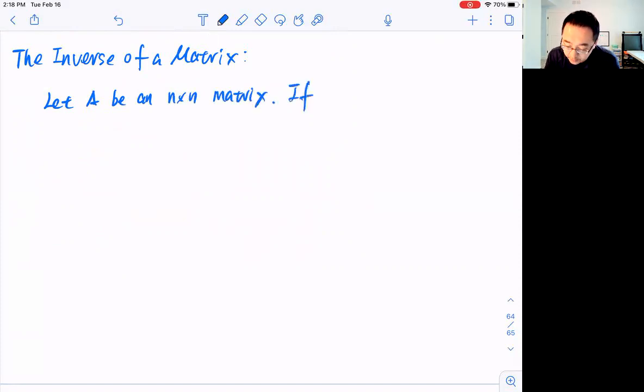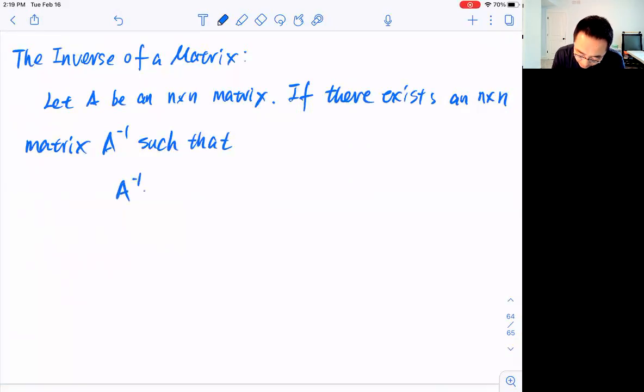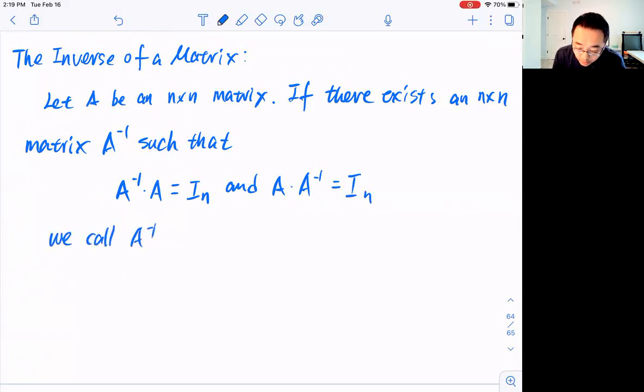If there exists an n by n matrix, denoted by A with a -1 superscript, such that A inverse times A gives you the identity matrix, and A times A inverse also equals the identity matrix, then we call A to the -1 the inverse of A. So that's how we define the inverse of a matrix.